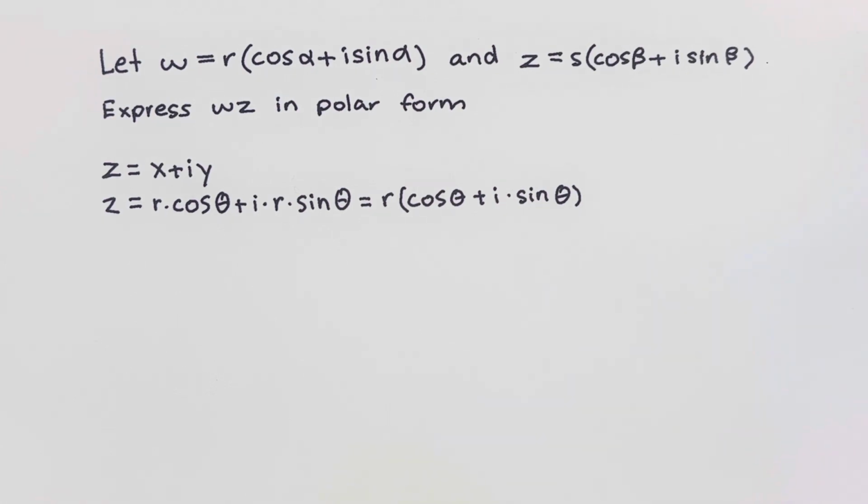So the x and y are coordinates in rectangular form, while r and theta are coordinates in polar form.